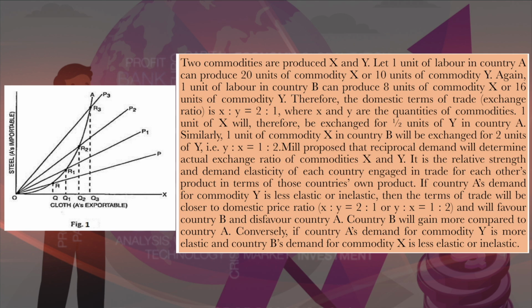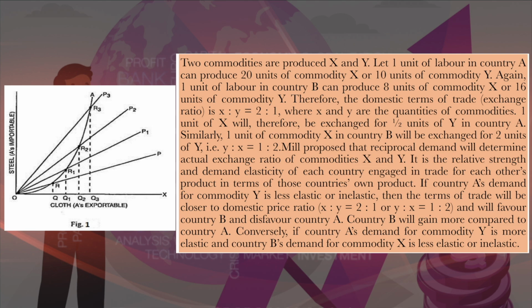So obviously country A has an advantage in producing commodity X as compared to commodity Y, because it can produce more of commodity X than commodity Y by applying the same amount of labor.